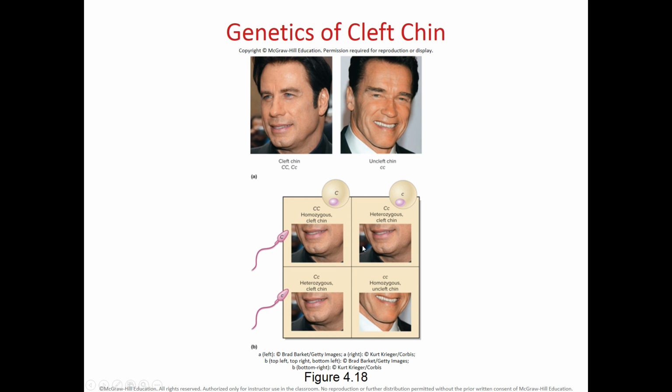And what are the chances of someone not having cleft chin? It will be 1 out of 4 or 25%. So that's how you calculate a single trait for these alleles.